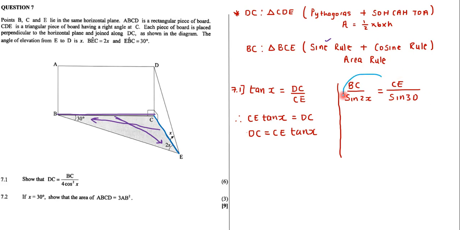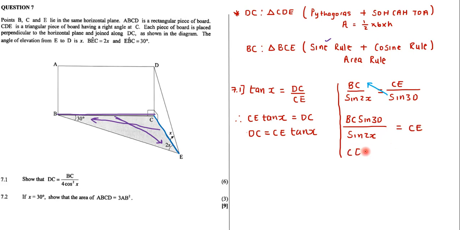But I can solve this one for CE, take whatever I get there and substitute it into this equation, and then solve afterwards, right? How do I do this? I'm going to take this sine 30 and multiply this side, right? So let's go ahead and do that. When we do that, this is going to be BC sine 30 over sine 2x. Now, this will leave me with CE.